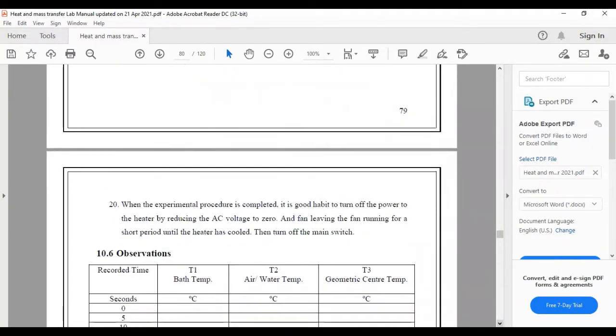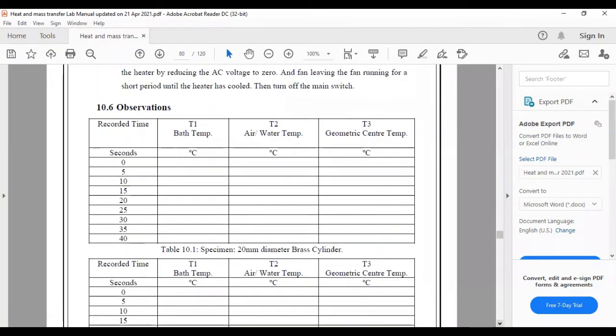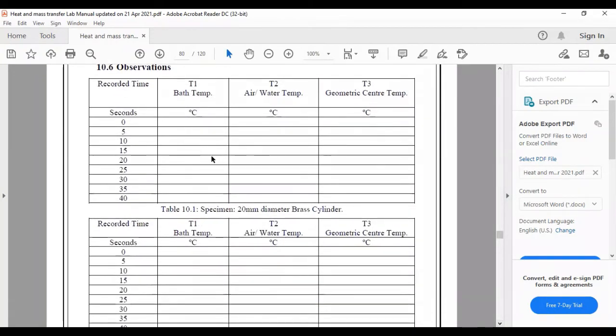First of all, before performing the experiment, we will learn about the observation table. We will be given a vessel or a bath into which we will fill our water, and we will provide some heat to the water. Then we will install a geometric shape into the bath, and into that geometric shape we will have a stainless steel cylinder or brass cylinder.